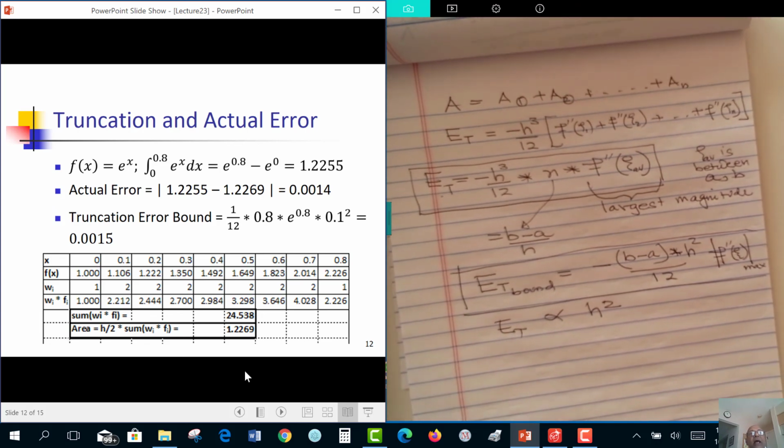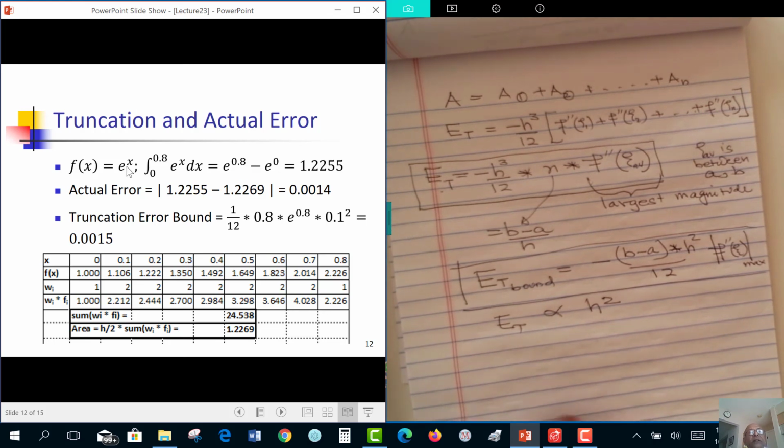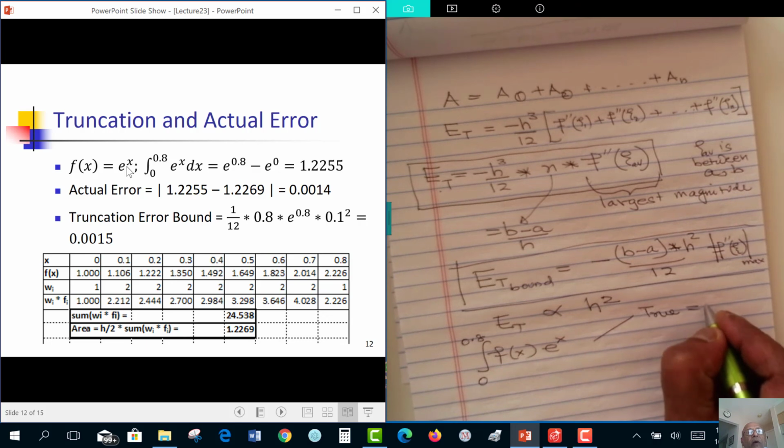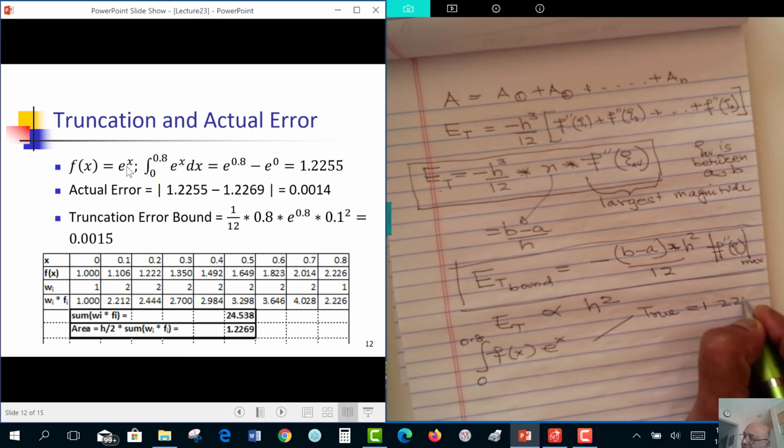So we did our analysis. We said our function was e to the x. So remember our true value when we integrated from 0 to 0.8, in that table. We got our true value, 1.2255.